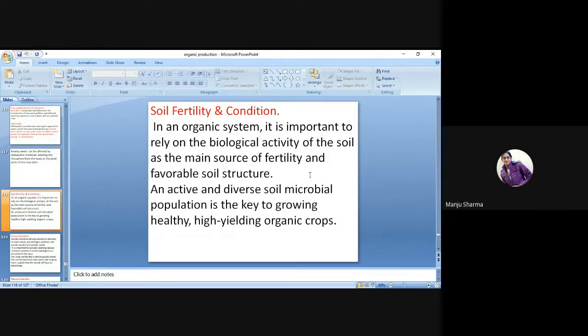So, an active and diverse soil microbial population is the key to growing healthy, high yielding organic crops.